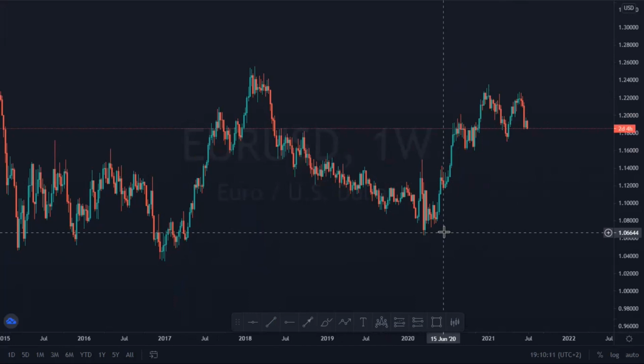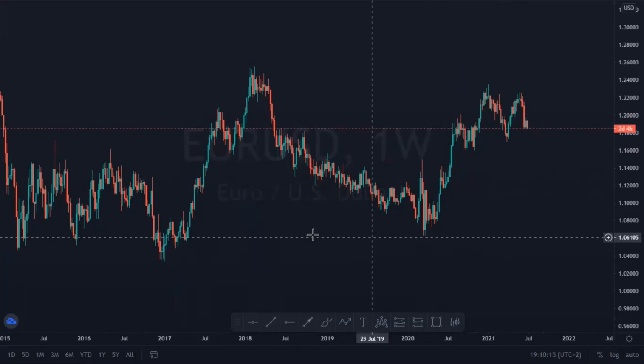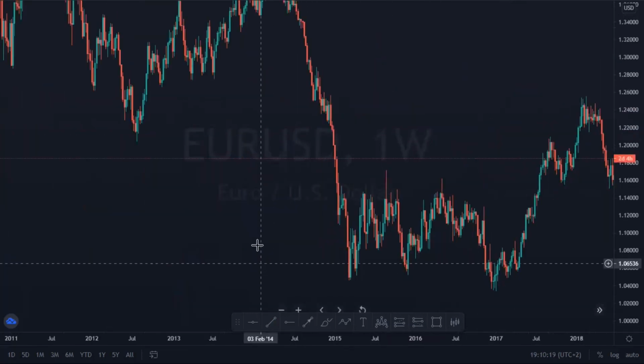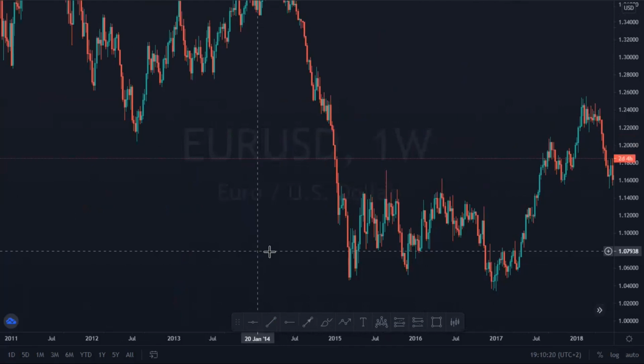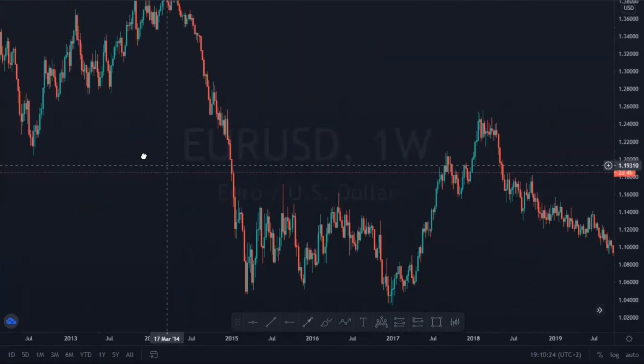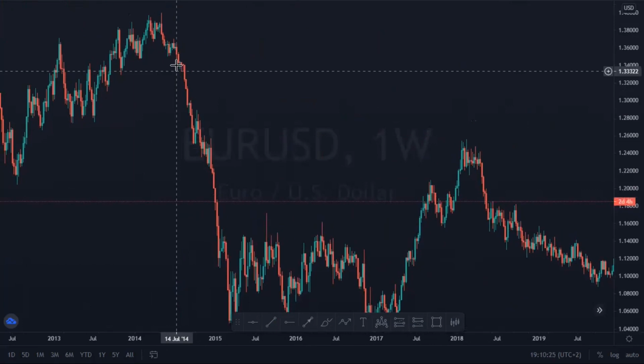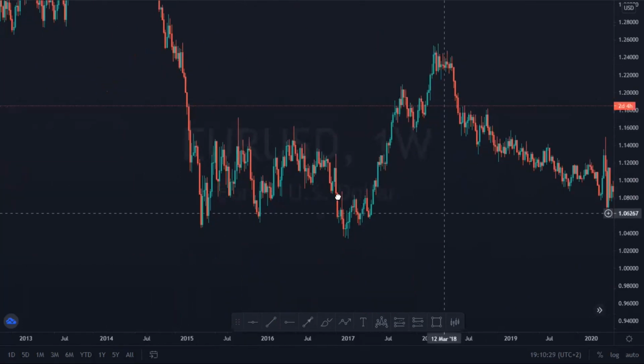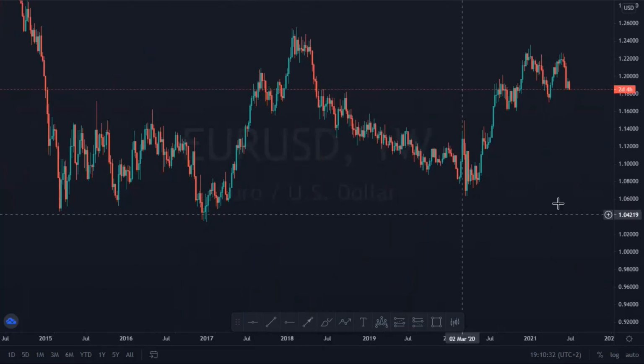So now in 1 week, what I'm looking for is a structure. Where does the market come from? I can see now there is an impulse going down, which means all of this is supposed to be the whole correction.